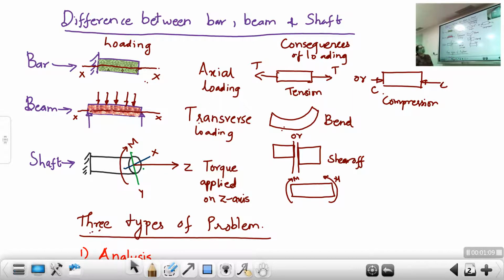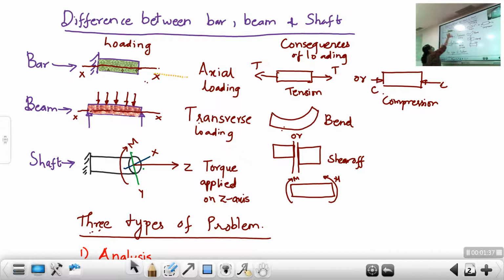To understand the difference between bar, beam and the shaft element, I have just shown here some sketches which will clearly give you an idea about what happens when each of these members is loaded. We consider this bar element. The bar element is always loaded axially, so the load is applied along this x-axis.